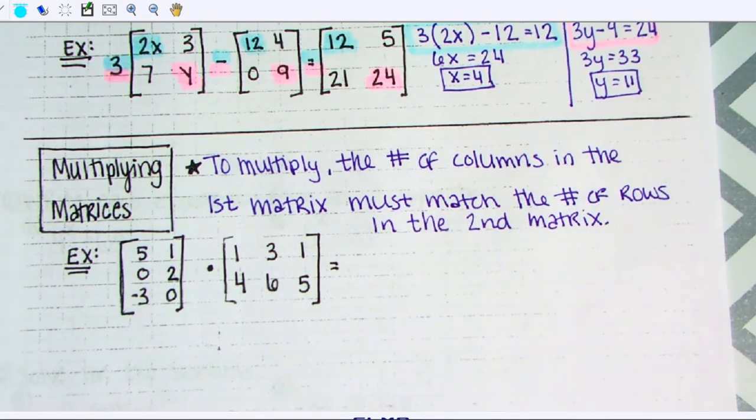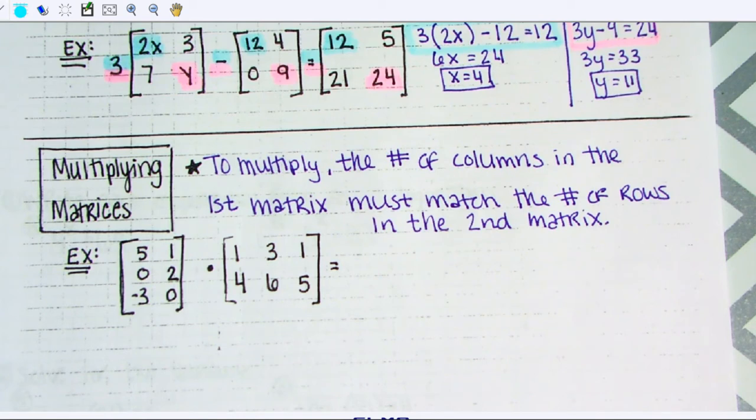So multiplying matrices is going to give you a different sized matrix as your final answer. So when we add a 2 by 2 and a 2 by 2, our outcome is a 2 by 2 matrix. But when you multiply, you get a new dimension, unless they're 2 by 2 and 2 by 2, or 3 by 3 and 3 by 3. So multiplying a matrix, you have to check that it works first.